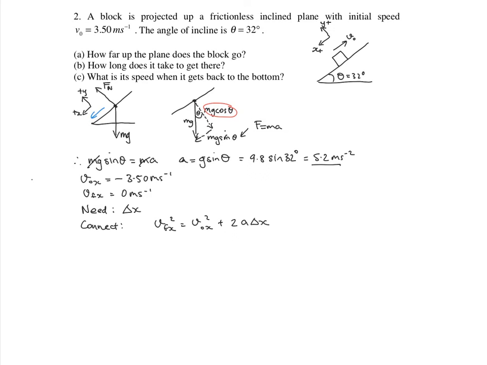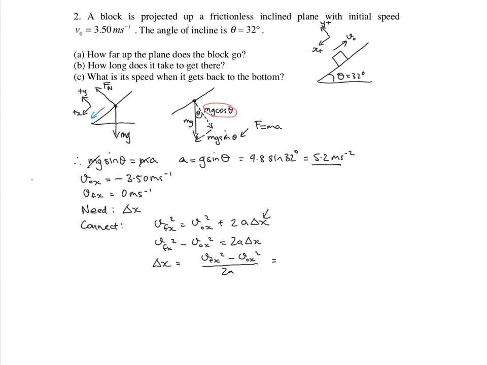That's the one we need. So we need to manipulate this to get our delta x with some algebra. So we're going to say Vfx squared minus V naught x squared equals 2a delta x. We need to divide this side by 2a, and we're going to get delta x equals Vfx squared minus V naught x squared, all divided by 2a.